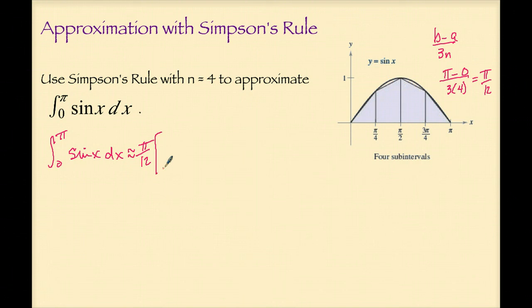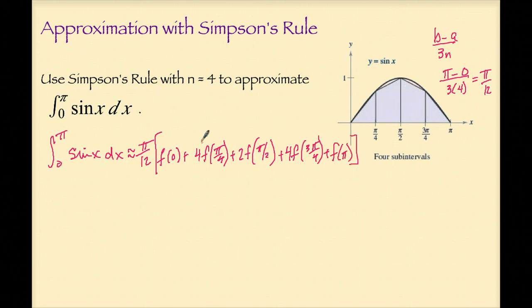Then we're going to need the function value at 0 once, the function value at pi over 4 four times, the function value at pi over 2 twice, the function value at 3 pi over 4 four times, and the function value at pi once.